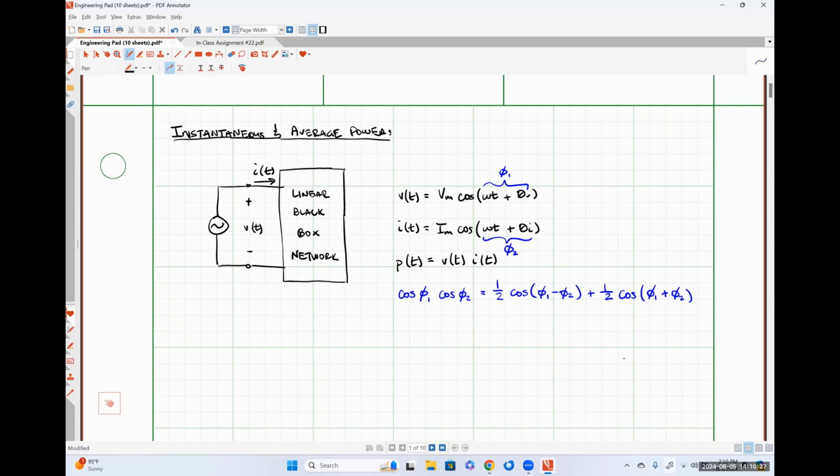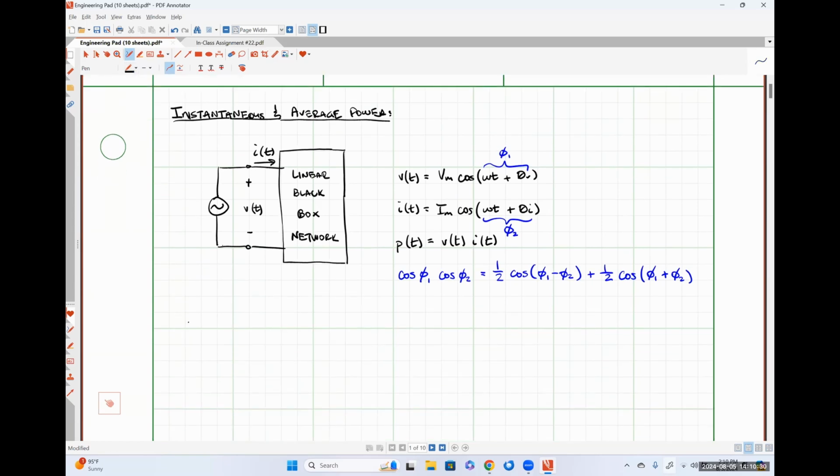So if we apply that trig identity, we're going to have P of t equal to, let's start by just substituting things in here really quickly, Vm cosine omega t plus theta v multiplied by Im cosine omega t plus theta I. My Vm and Im can get pulled out, so then I'm just multiplying cosine angle 1 times cosine angle 2.